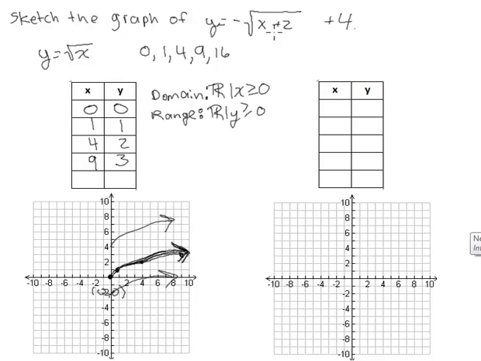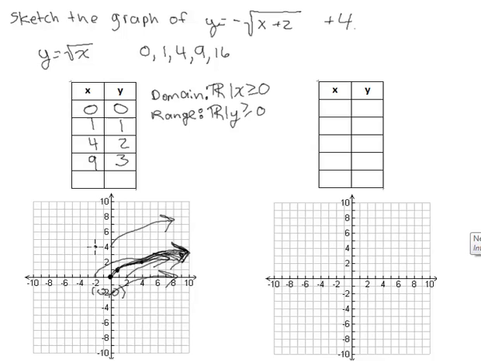If it's plus, we move to the left, and if it's minus, we move to the right. So this one is x plus 2, so we would take our original graph and move it to the left 2. If it was minus 2, I would have moved it to the right 2. So I have my original graph moved to the left 2 and up 4.